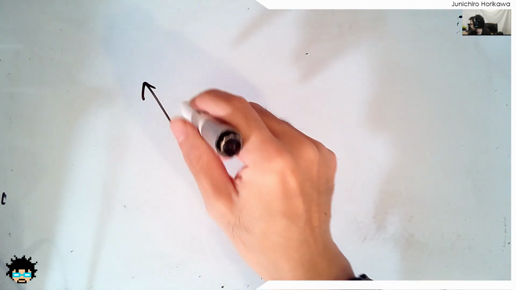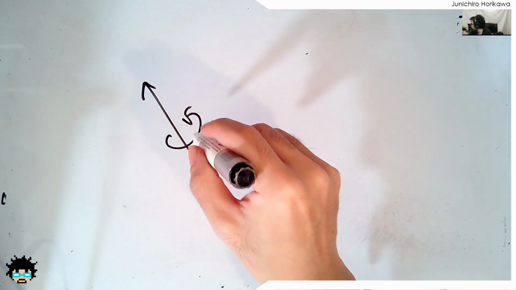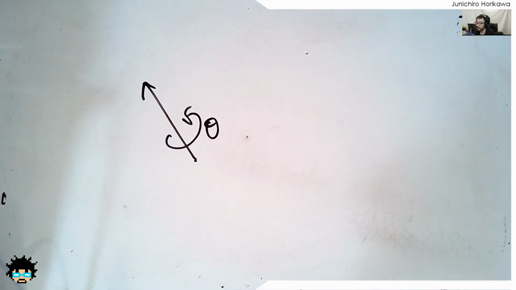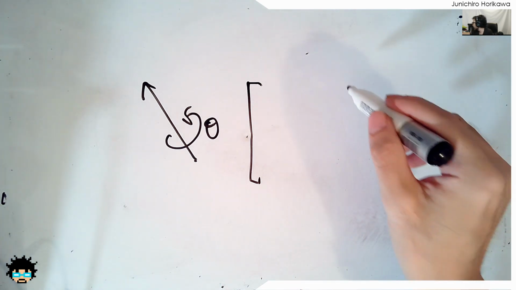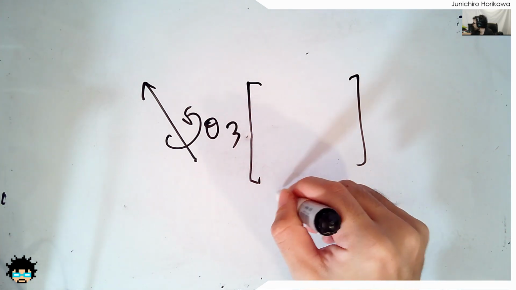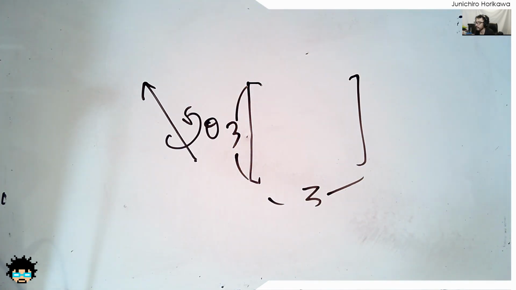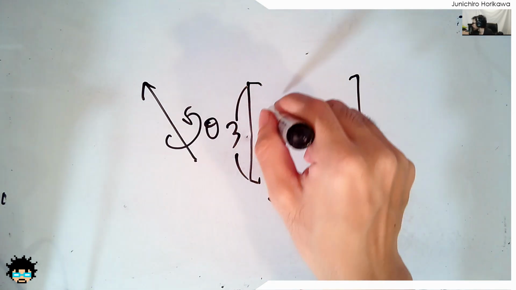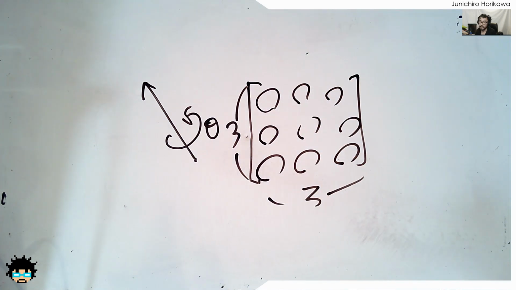When it comes to 3D rotation, you need to specify an axis with a rotational angle theta, and it will give you a much more complex matrix. If you just need a rotational matrix, you can express it as 3 by 3, which consists of a lot of sine and cosine trigonometry values, which I'm not going to write here.